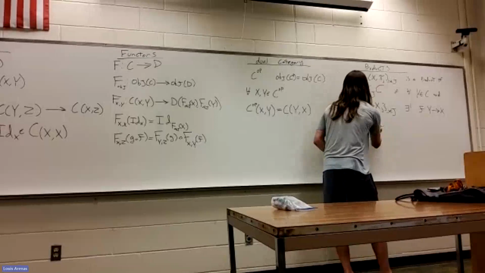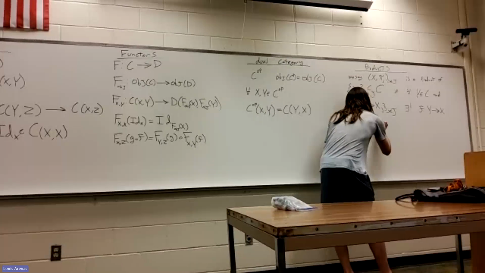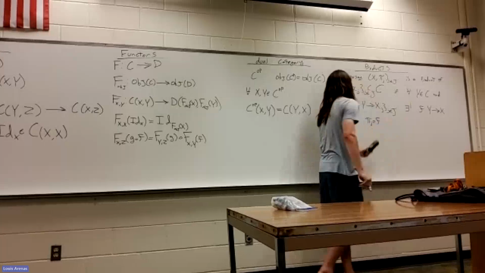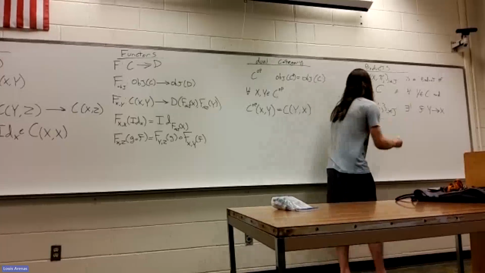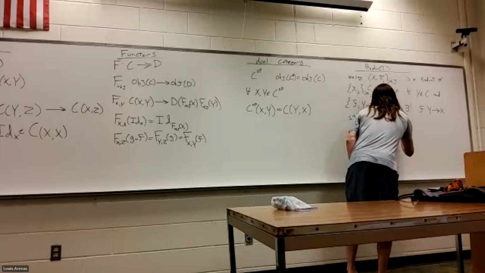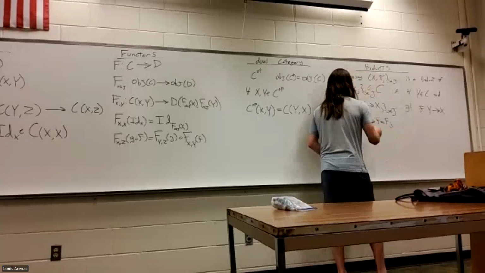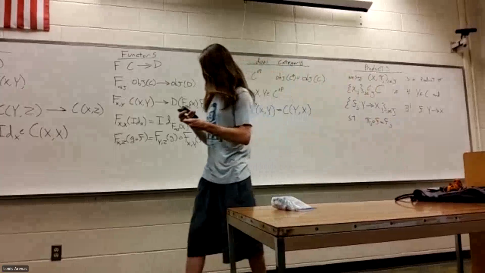We project down onto the J by the J projection, and we get the J component. Okay, so this is the definition of product.